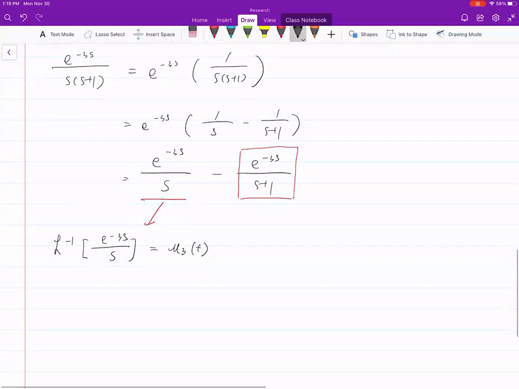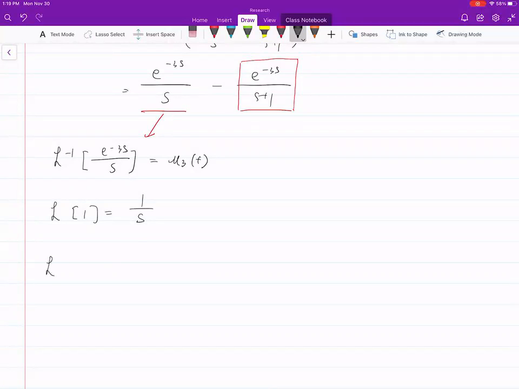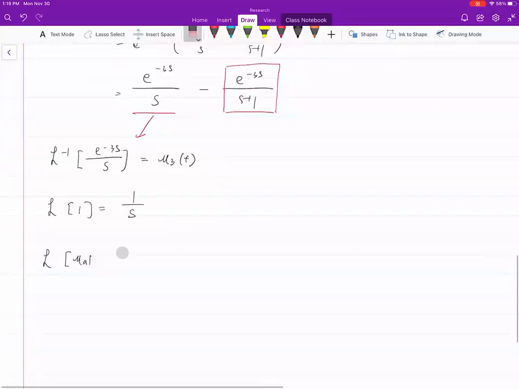Okay, let's take a look. I will write down several facts. We know this. We know this. UAT equals e to the negative as divided by s.